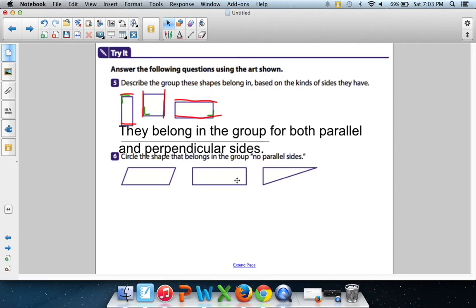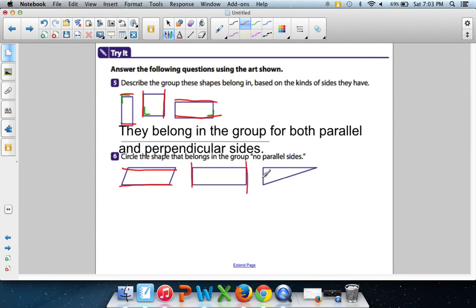Circle the shape that belongs in the group. We're looking at number 6 now. Circle the shape that belongs in the group no parallel sides. So all we have to do is circle one thing and then we're done. Take a close look. Does this one have parallel sides? It sure does. That line and that line will never cross. What about this shape? Yeah. That line and that line will never cross.